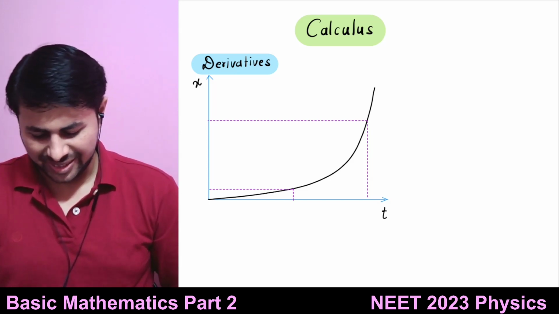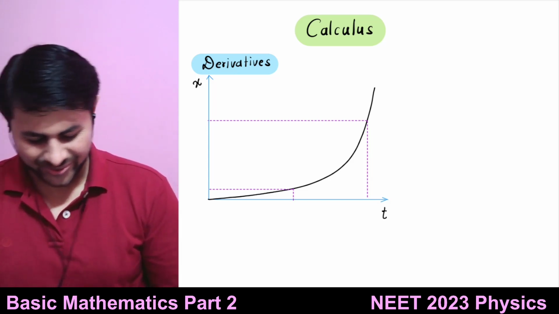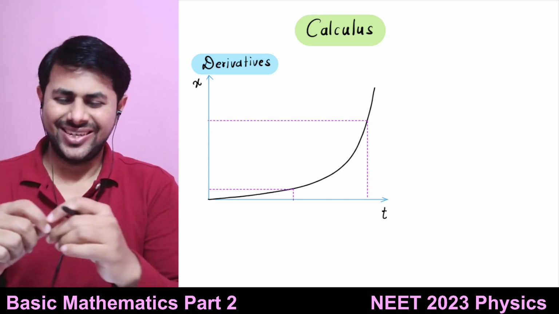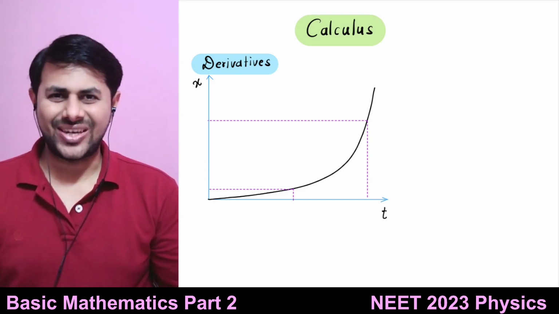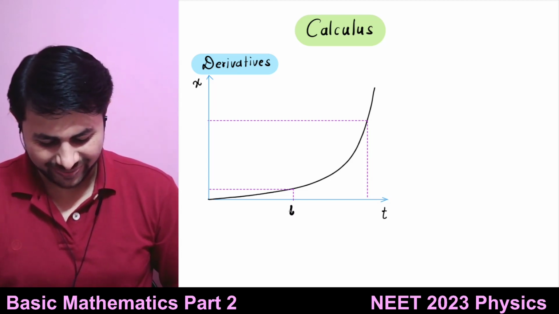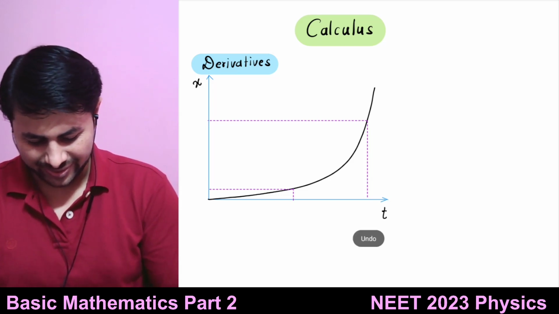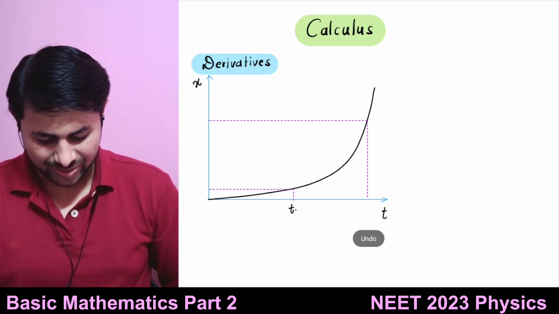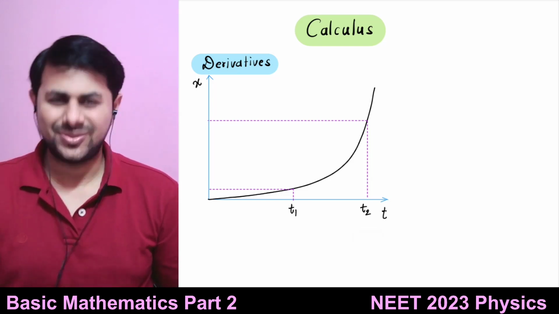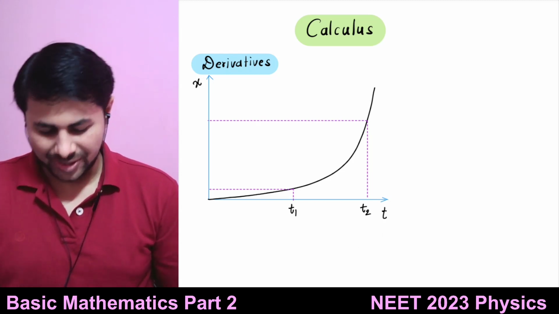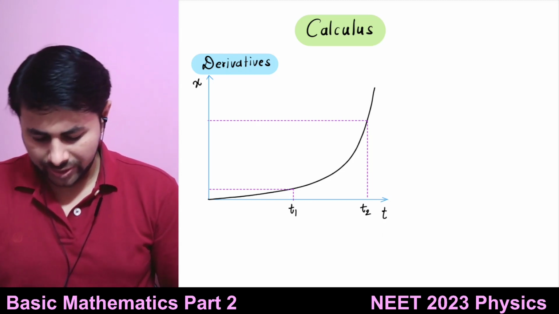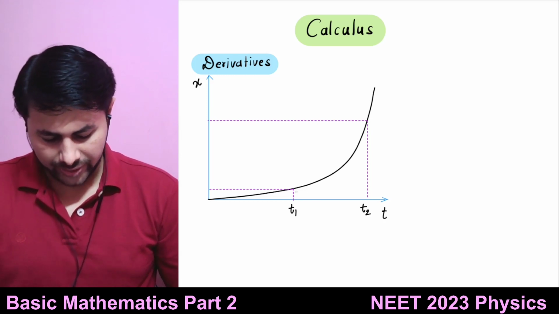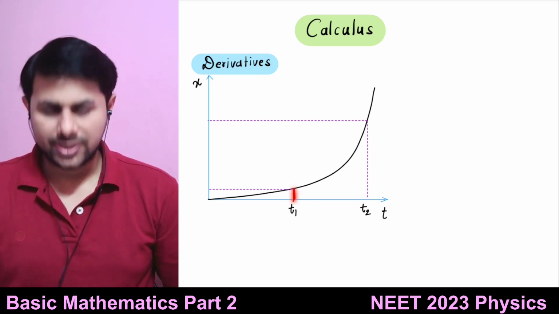See, I wrote x1 and x2 here. We are so used to calling this horizontal axis x. So this is some time t1 and t2. All right, so from time t1 to t2, not x1, x2, I want to find out my speed. So I will draw a perpendicular on this curve.